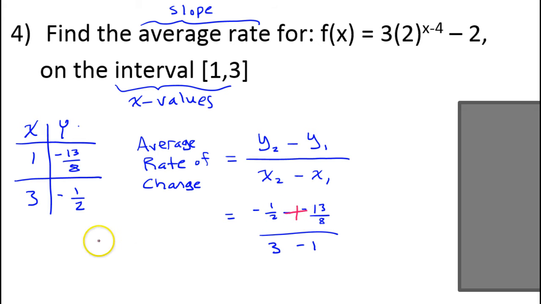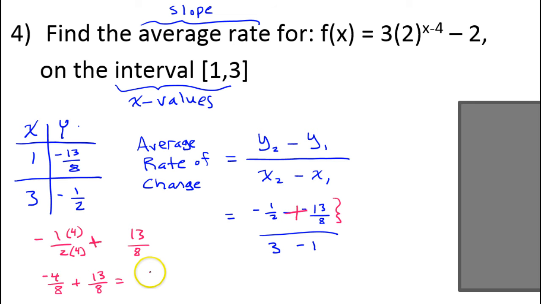Okay, maybe I'll do this numerator part off to the side. So I've got negative 1/2 plus 13 over 8. We need like denominators here. So to make like denominators, I would multiply by 4. So that's going to give me negative 4 over 8 plus 13 over 8.